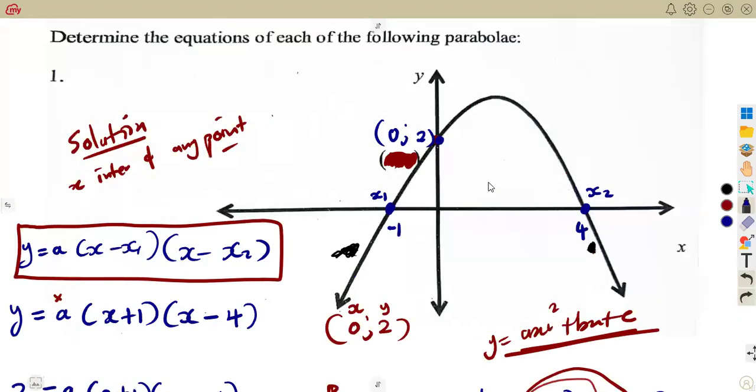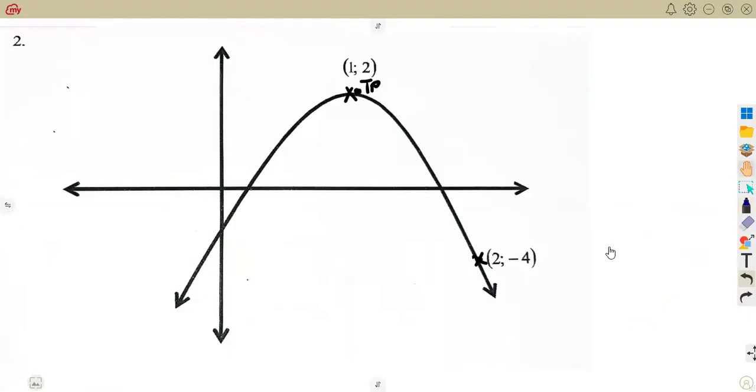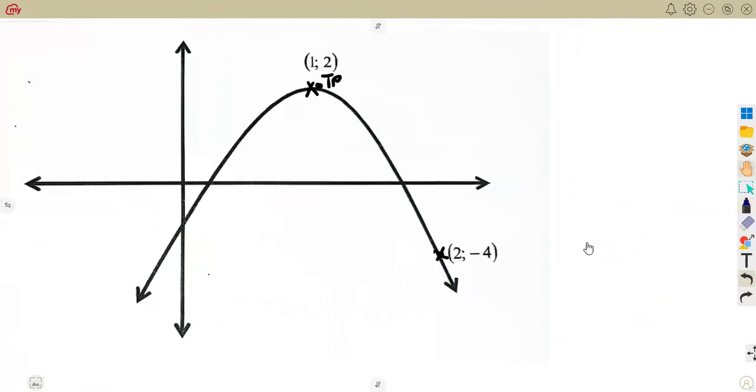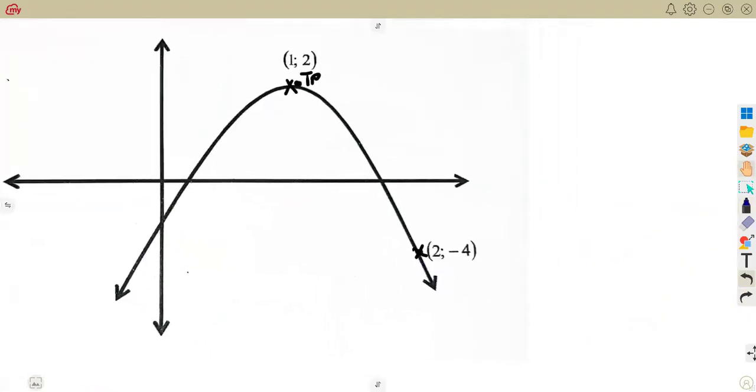In this case, you are not even told in which format to express your answer, so you can even leave it in the turning point format. So let us quickly have our question.